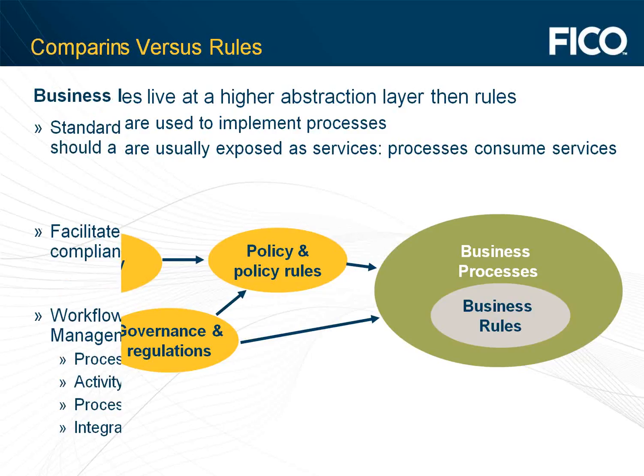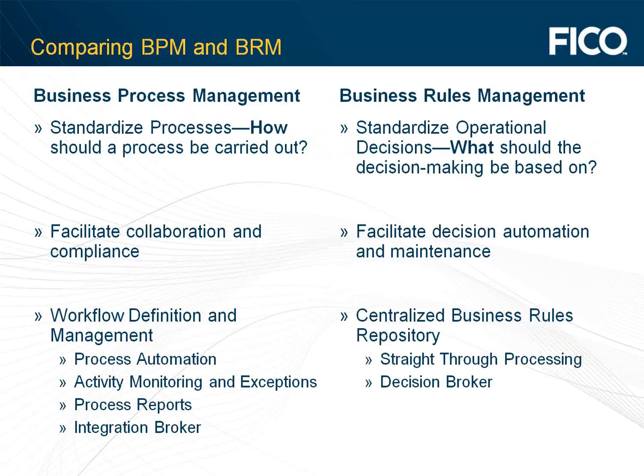So if we need to compare the business rules and the BPM systems, then I've provided a kind of list here. The business process management really focuses on how we do things. It standardizes the process and defines how it needs to be carried out. The rules really focus on the operational decisions.